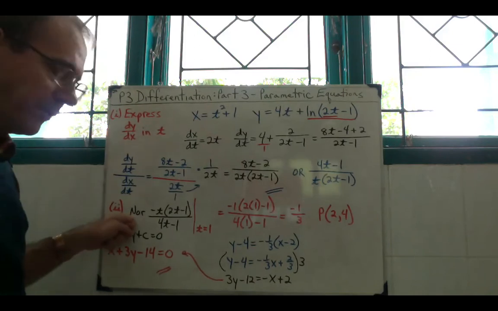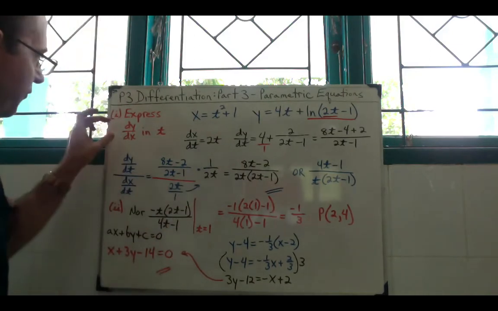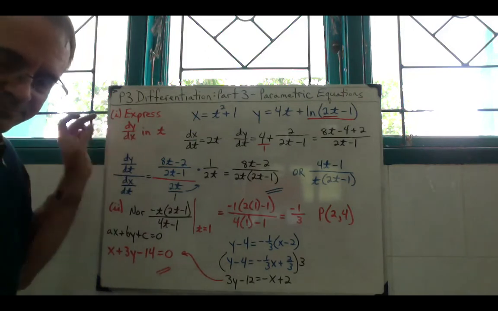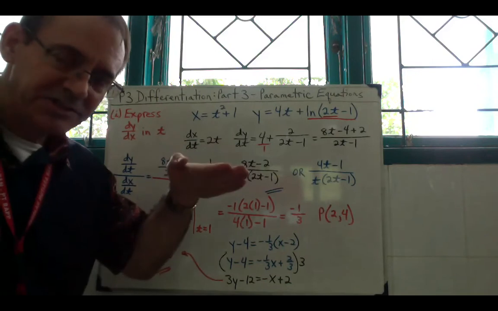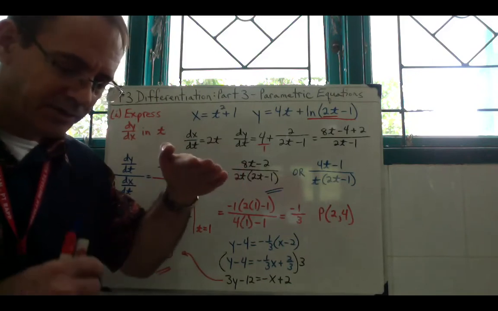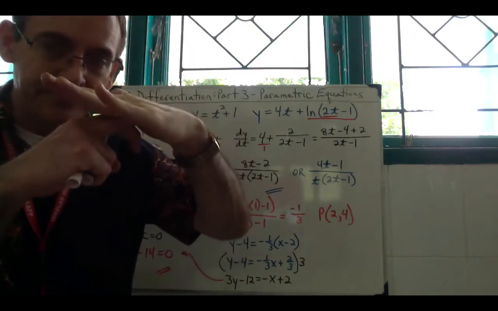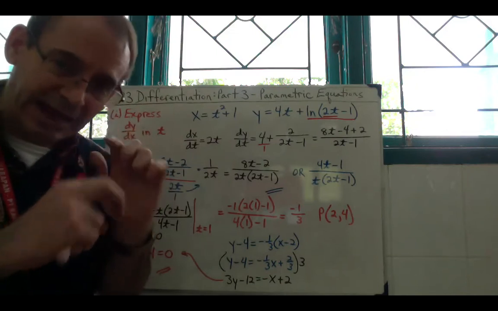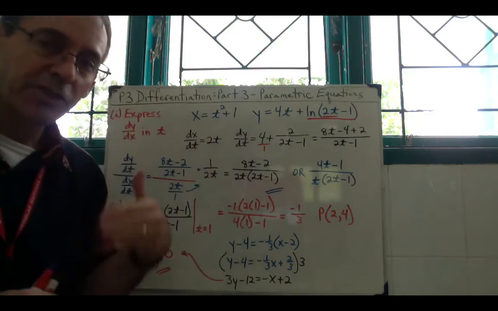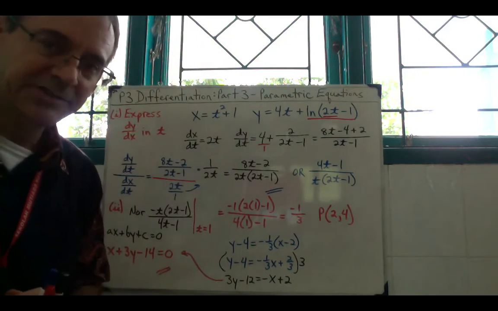Now for the normal, remember normal has to do with slope. We just found slope, dy dx. If you remember from Pure Maths 1, your tangent line is what is tangent to your curve, and it has the same slope as the curve at the point of tangency. The normal then is perpendicular to the tangent.